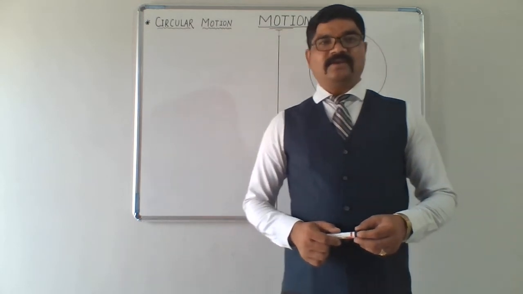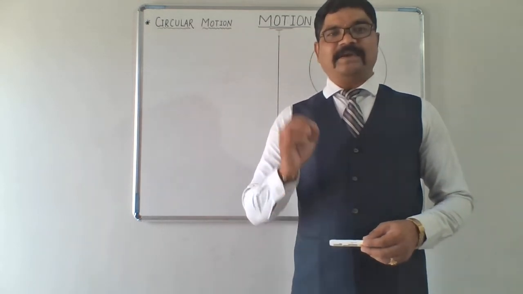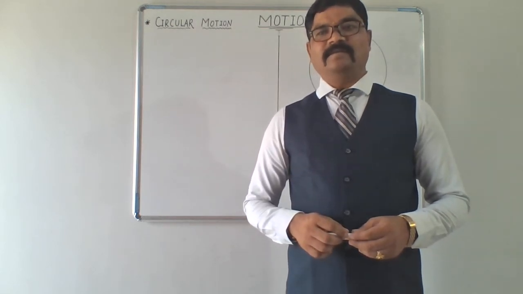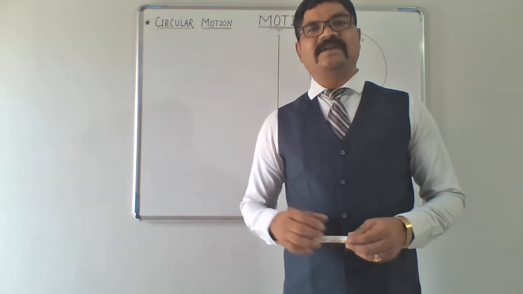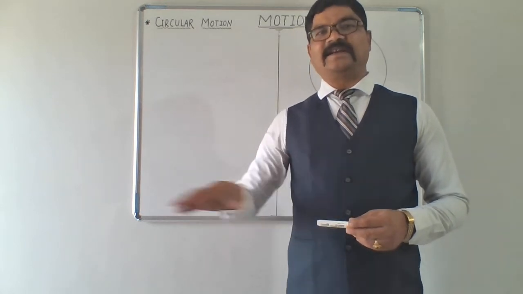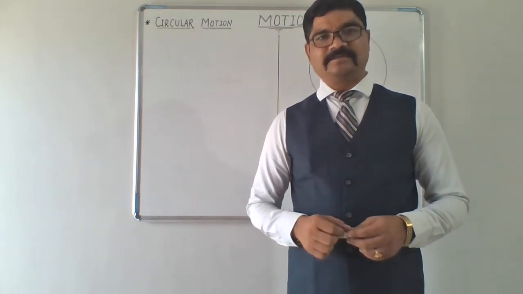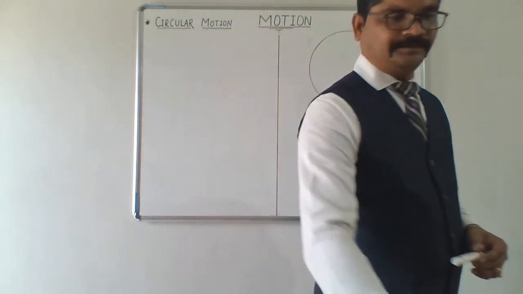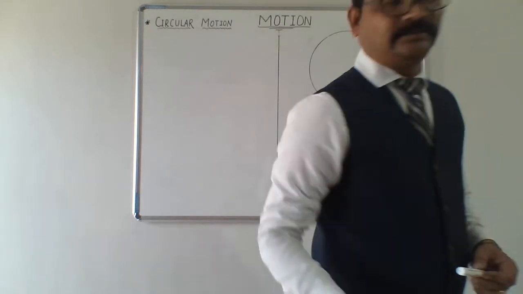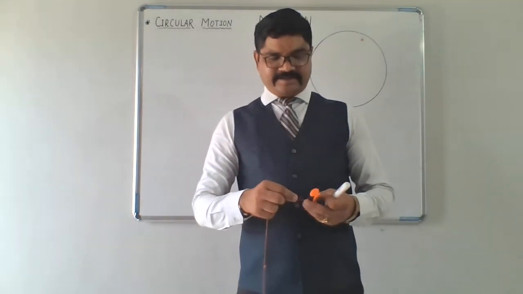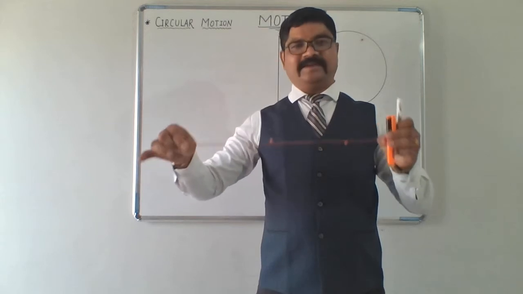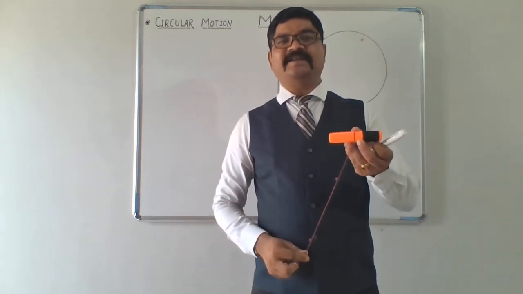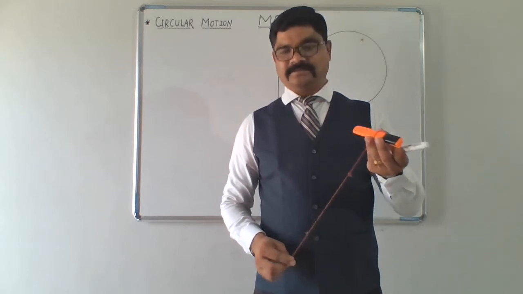Today, we are going to study a special type of motion which is not similar to the straight line motion or rectilinear motion. For example, suppose a thread of certain length L is taken, and an object is tied to the thread.